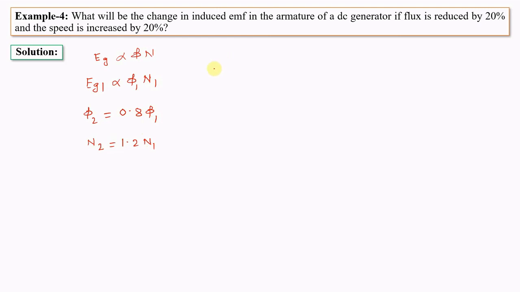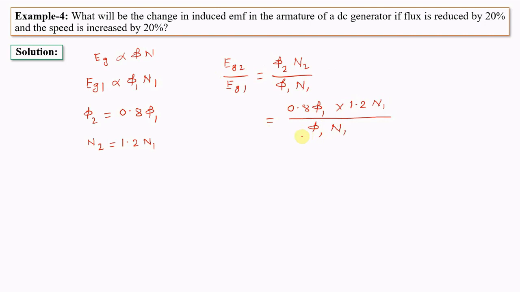So now the generated EMF for the second case upon the generated EMF for the first case can be written as phi 2 N2 upon phi 1 N1. So here phi 2 is 0.8 of phi 1 and N2 is 1.2 of N1 upon phi 1 into N1. So these will be cancelled and we will get the value as 0.96.